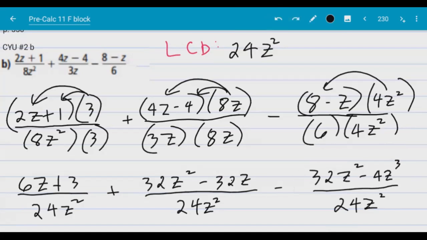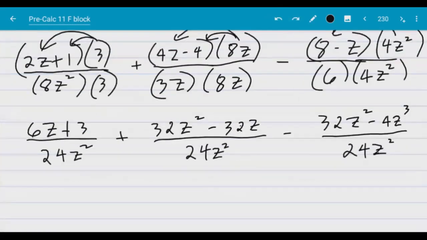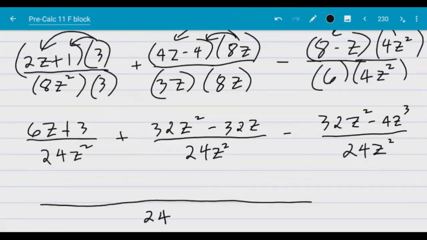So this is what I'm going to do. I'm going to put them all under the same denominator now, 24z squared. The first one, I will copy: 6z plus 3.